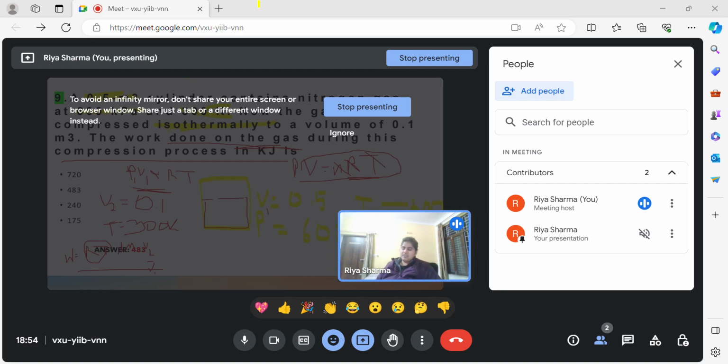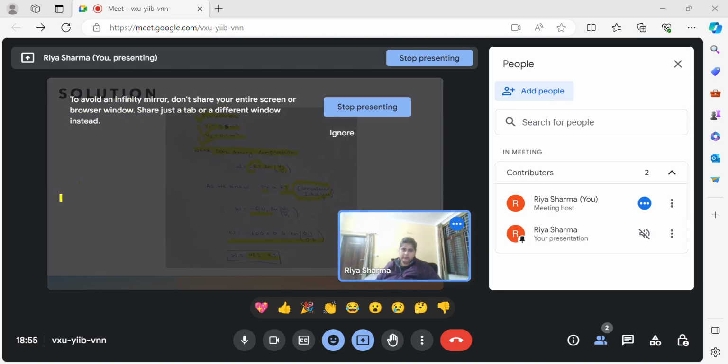The answers were in positive sense, so you cannot neglect it, but yeah, 483 is the answer, and this is the solution. If you think P1 is equal to 600 kilopascal, V1 is equal to 0.5, V2 is equal to 0.1, again think about work done during compression, how much it will be, and you need to apply the ideal gas law, and you will be there.